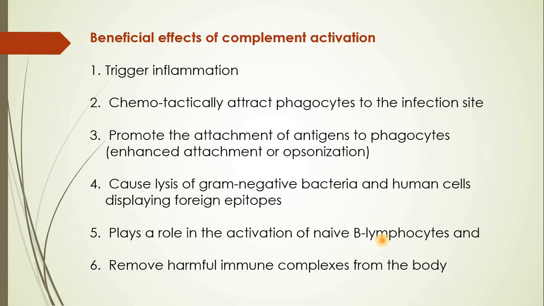If it has to be transformed into its active form, it should be stimulated or activated. This activation is done by complement activators. In their presence, along with the association of antigen, the naive B cells get converted into effector plasma cells and memory cells. Moreover, complement activation is responsible for removal of harmful immune complexes, that is, antigen-antibody complexes, from the body.